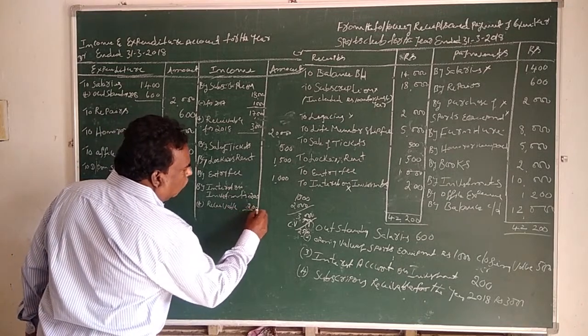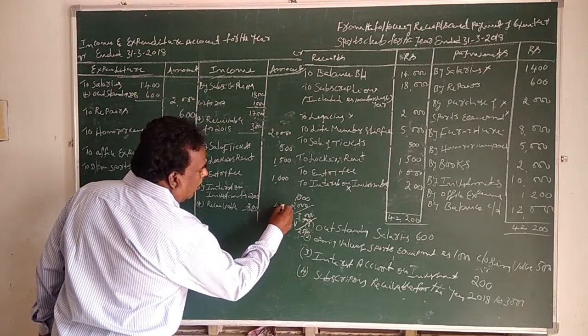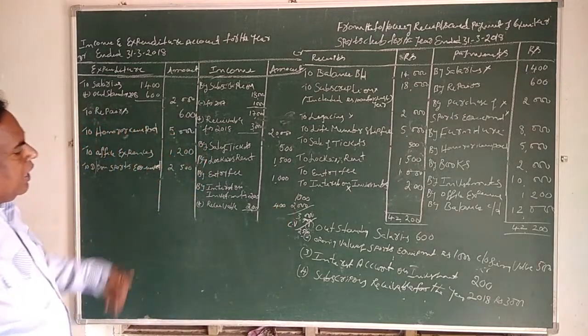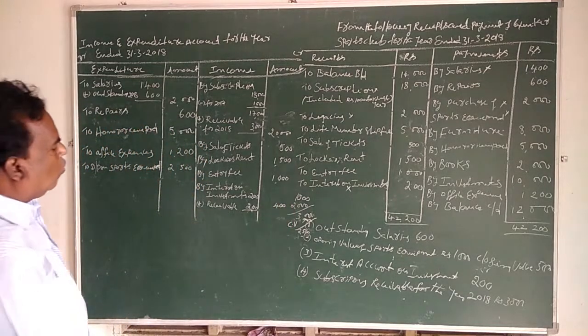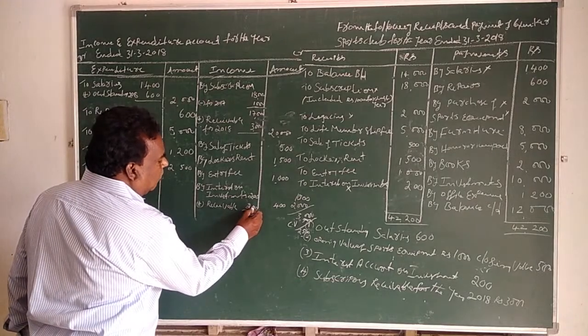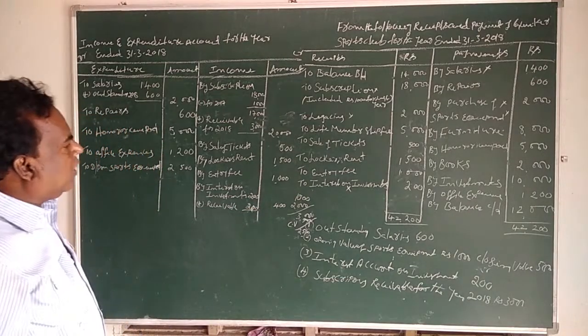Total interest 400, in which 200 is already received. 200 will be receivable. It is a source of income to the non-profit organization.